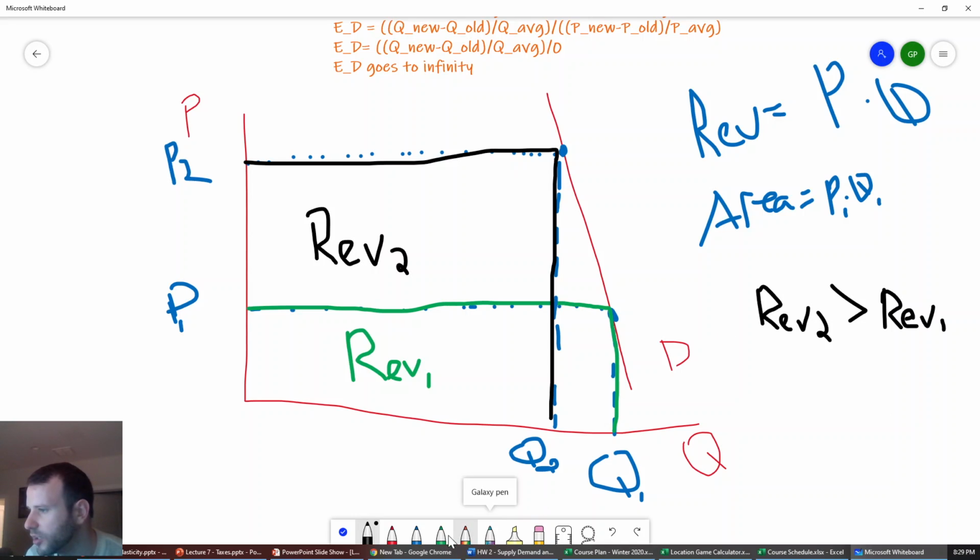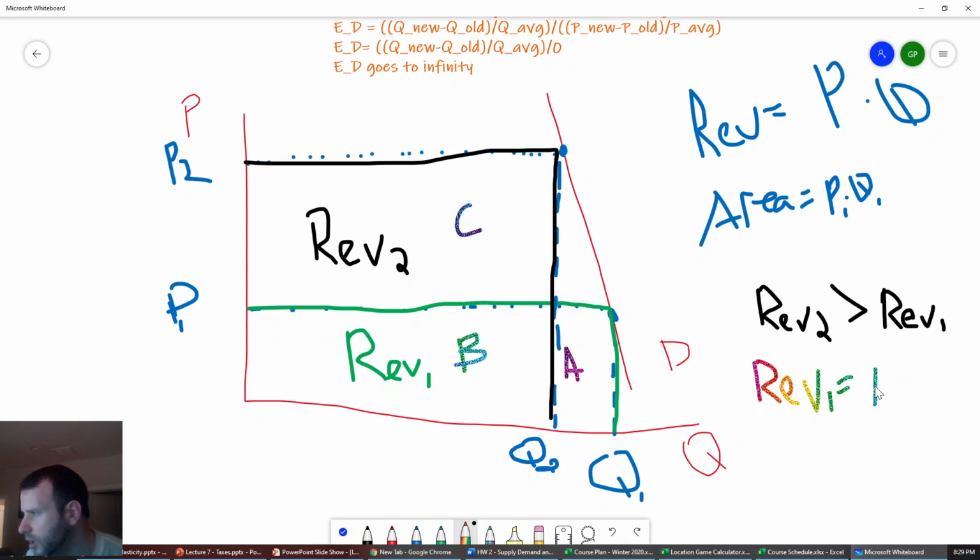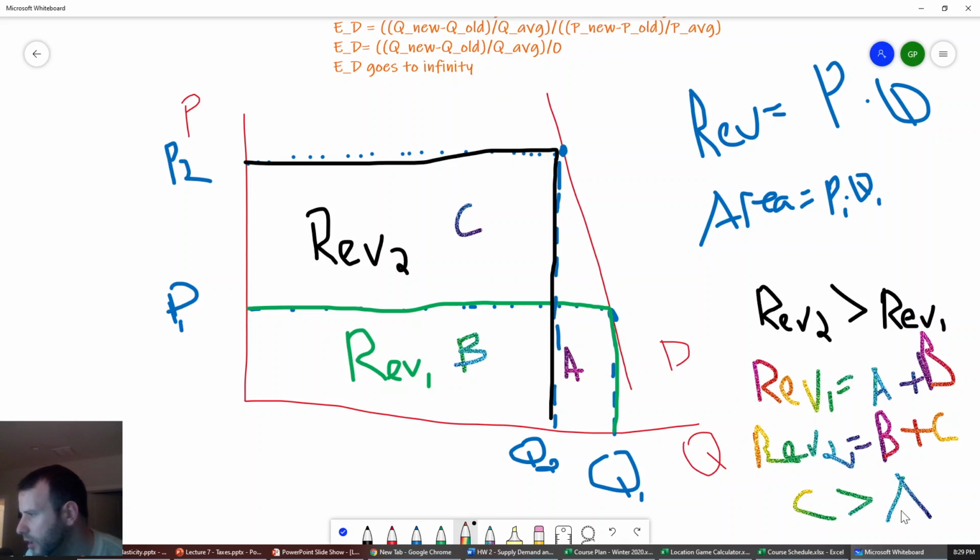So just to break it down a little bit further, this is B, this is C, and this is A. Rev 1 is A plus B, Rev 2 is B plus C, and C is greater than A.